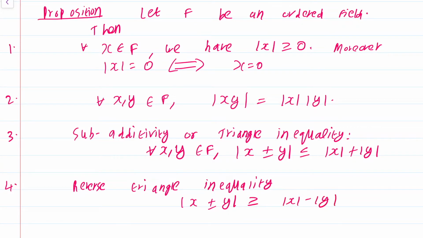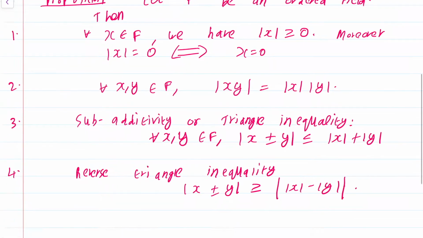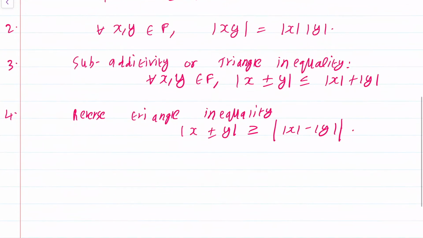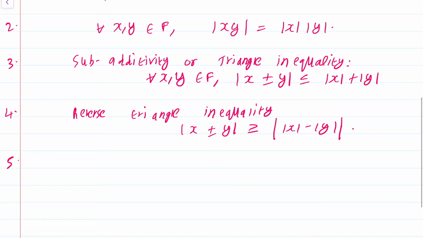Why it's called the reverse triangle inequality is easy to see. In fact, I can put a modulus sign here on the right hand side as well. Okay. 5. For all x, y, z in the field, mod x minus y is less than or equal to mod x minus z plus mod y minus z.